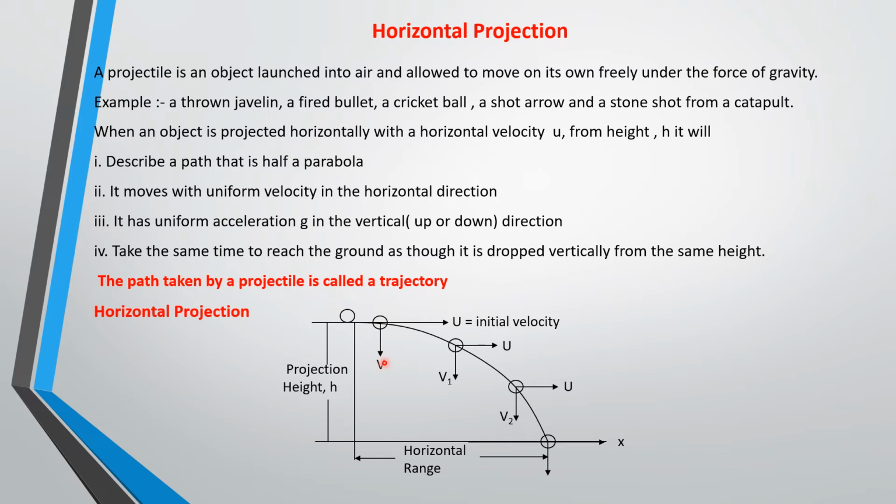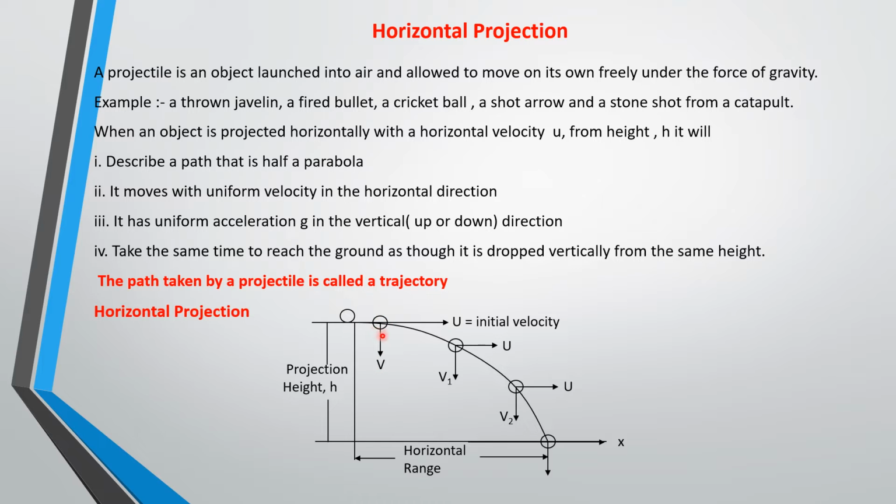The object will move with a uniform velocity in the horizontal direction. So this velocity in the horizontal direction does not change. The only velocity that changes is the vertical component of this velocity of projection. It also has a uniform acceleration up and down.